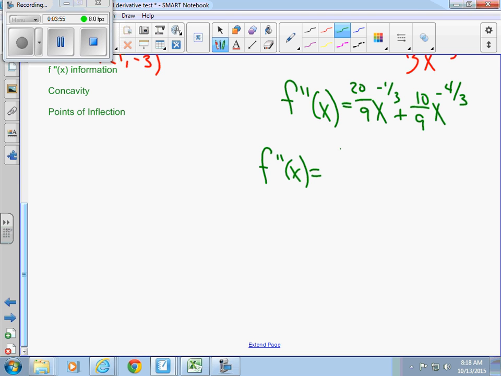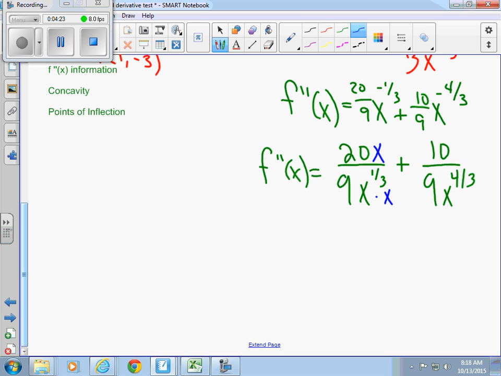So I get 20 over 9x to the 1/3, plus 10 over 9x to the 4/3. The one on the left needs an x. Does everyone agree? X to the 3/3 would add to give you that 4/3. So I get 20x plus 10 over 9x to the 4/3.